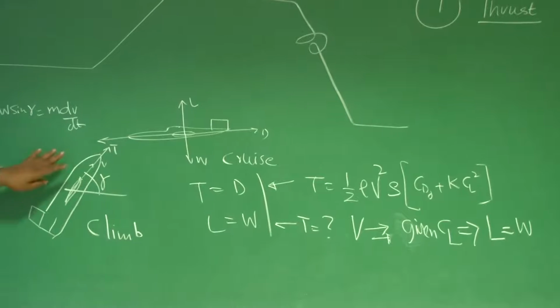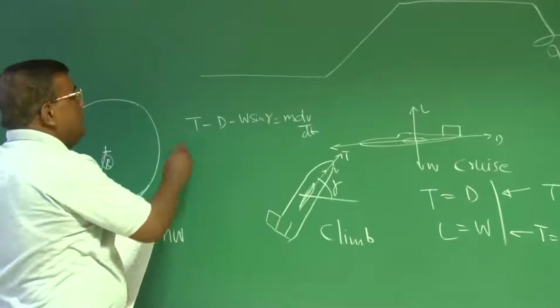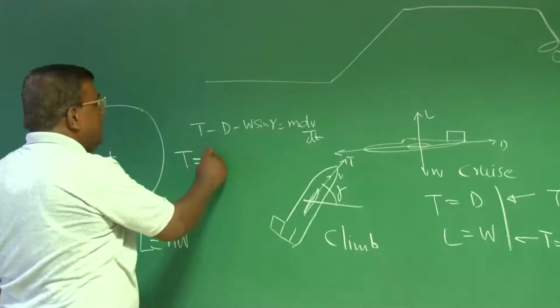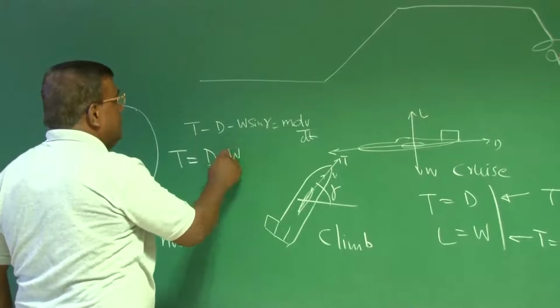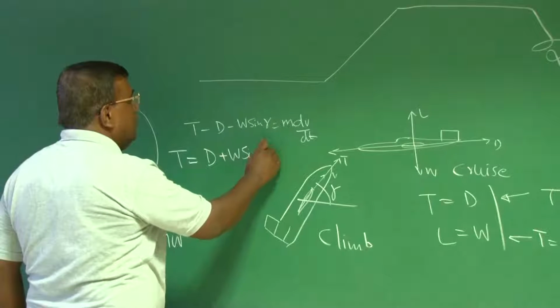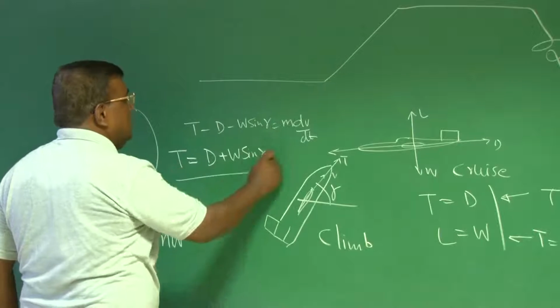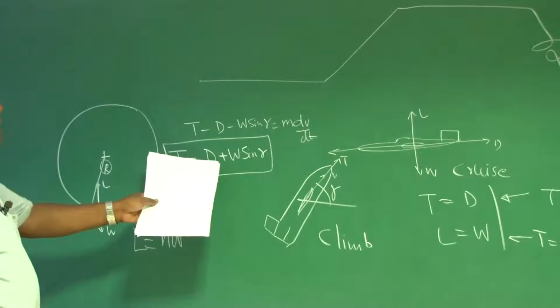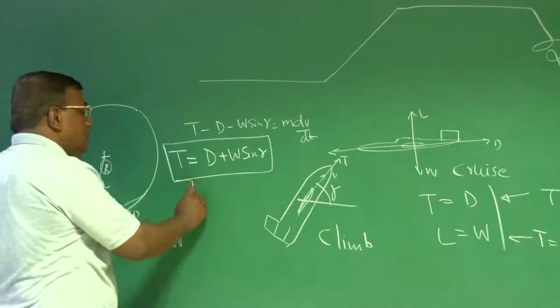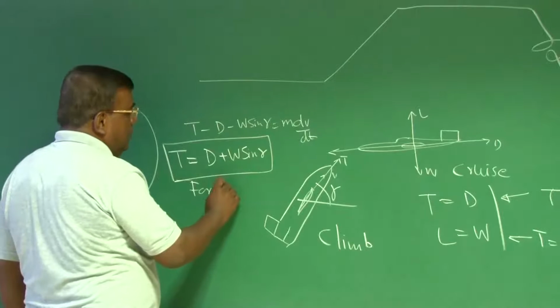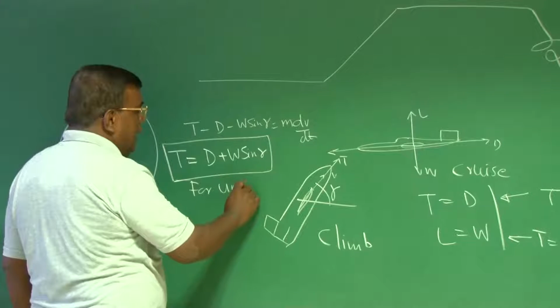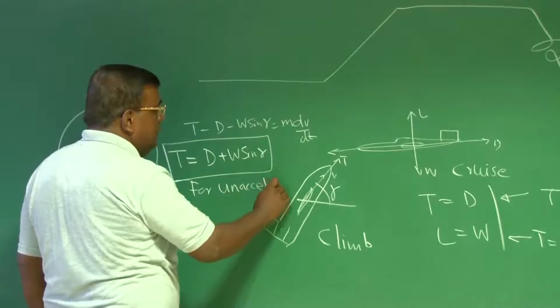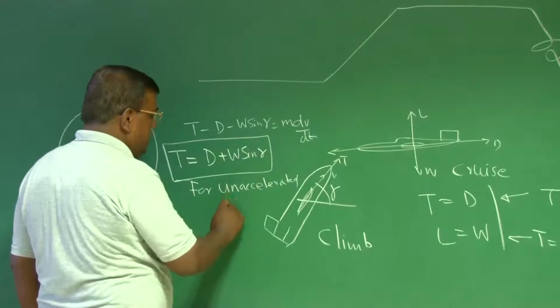And if I come here, I know that thrust should be enough to give me this right hand side balanced for unaccelerated flight.